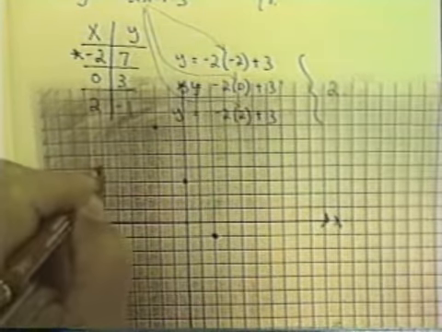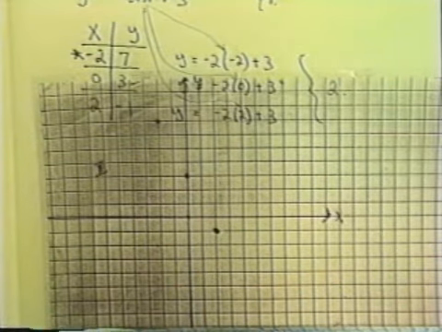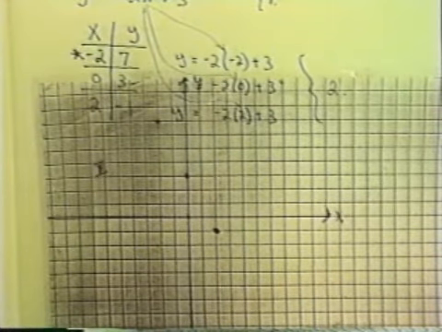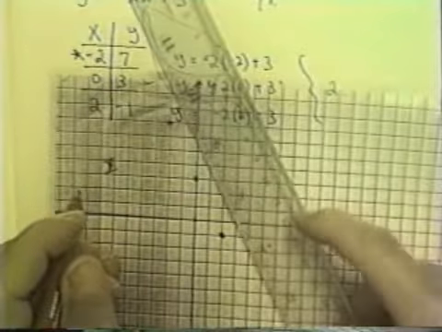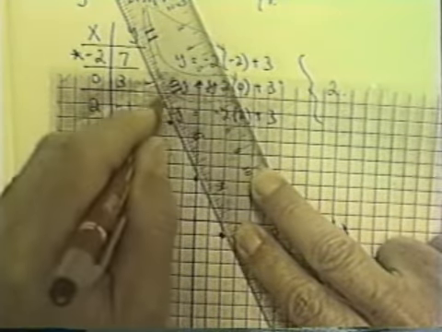So that completed step 3, which is to plot the points. Step 4 is to draw the curve. So I want to draw, in this case, the line connecting all 3 points.